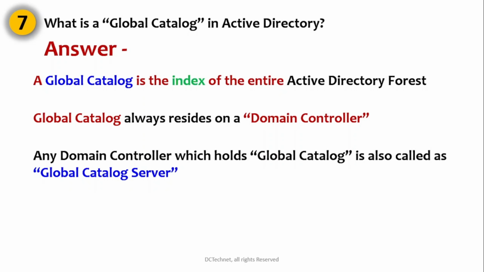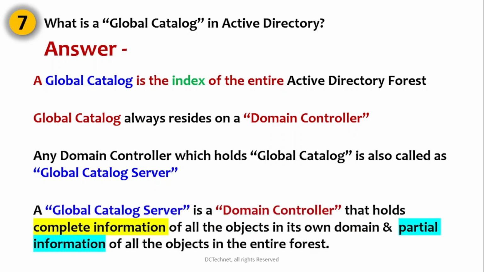Now the technical answer is, a global catalog server is a domain controller that holds complete information of all the objects in its own domain and partial information of all the objects in the entire forest. So if someone asks you what is a global catalog, this is the right answer.